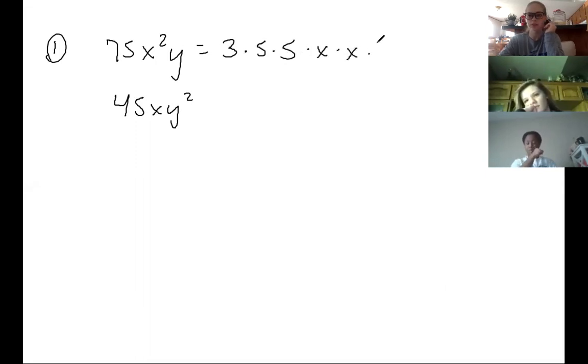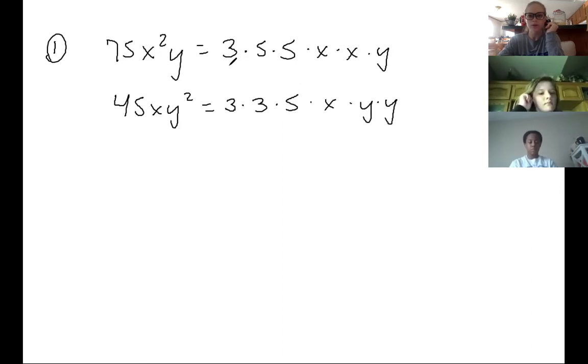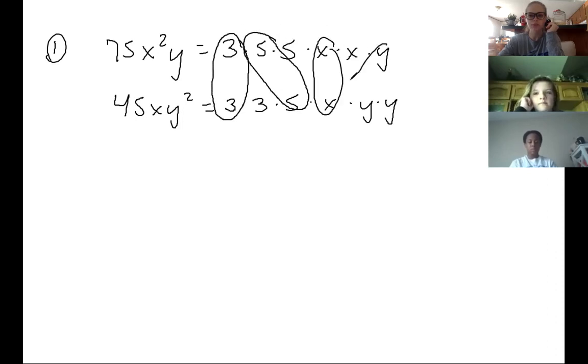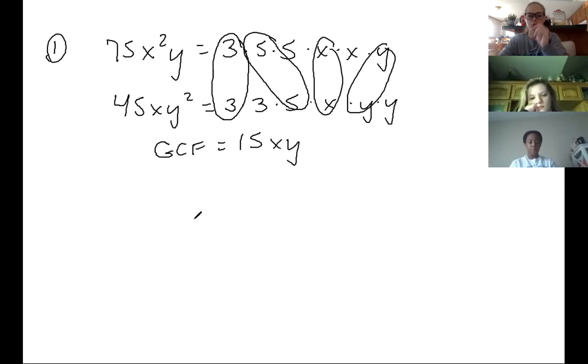X squared is x times x, and then times y. 45 would be 3 times 3 times 5 times x times y, and then circle like factors. Therefore, your GCF should have been 15xy. If you have your quiz out right now, you can check that too.